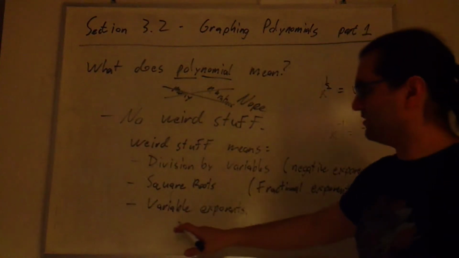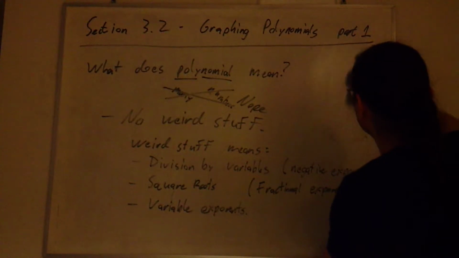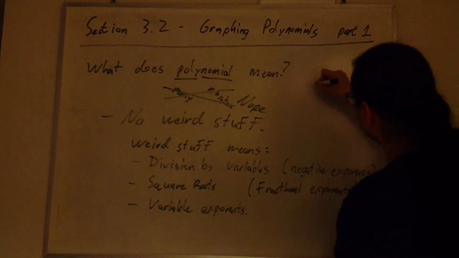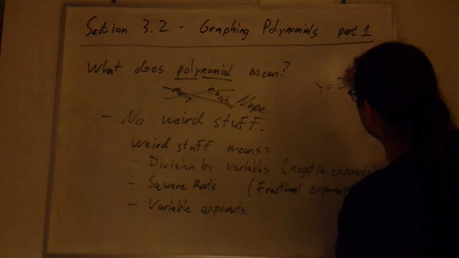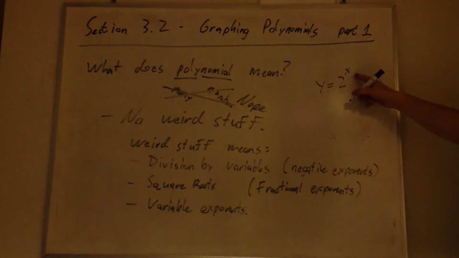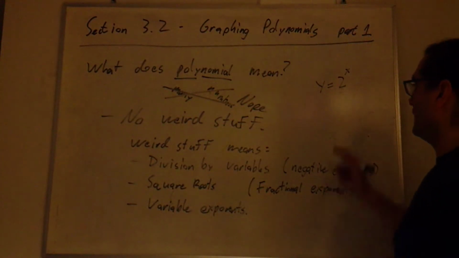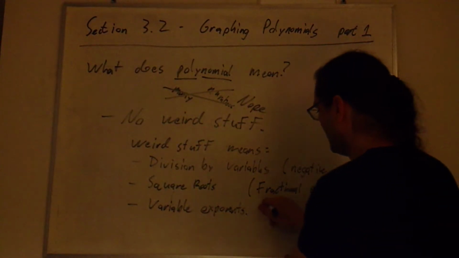If you have an expression where your exponent is a variable, that would look something like this: y equals 2 to the x. This is going to give us some problems because sometimes this x is going to be negative and sometimes it's going to be a fraction, and we don't want that. This is called an exponential expression.